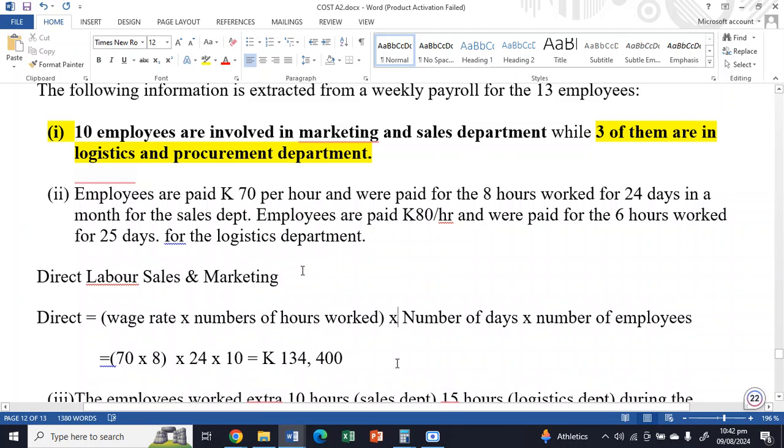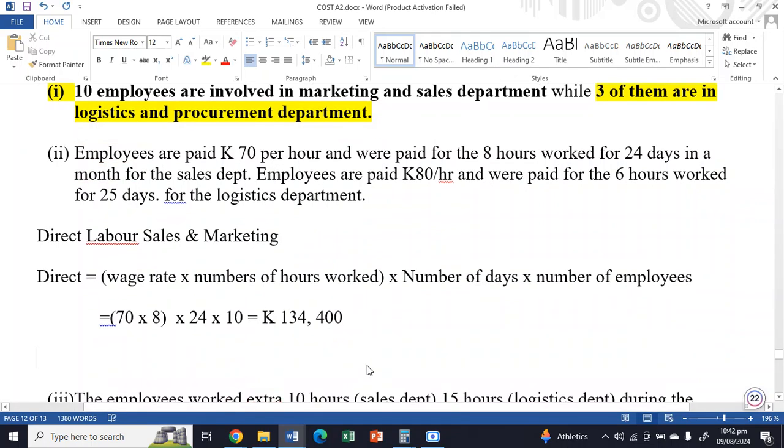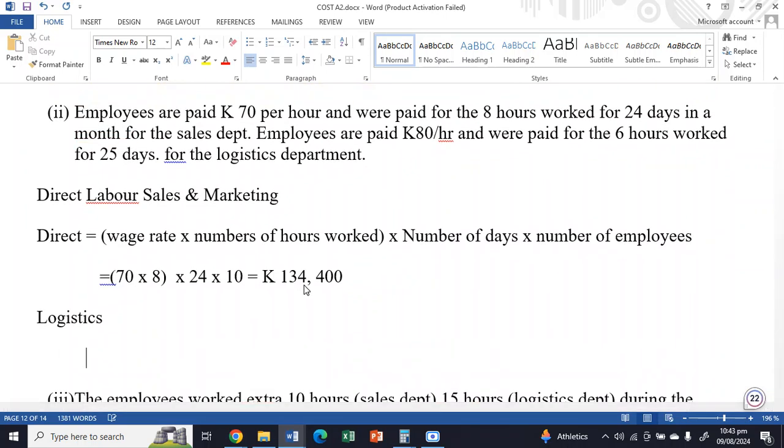So let's see now for logistics. Same thing. So logistics, they are paid 80 kwacha per hour. They worked for 6 hours for 25 days, and there are three of them.